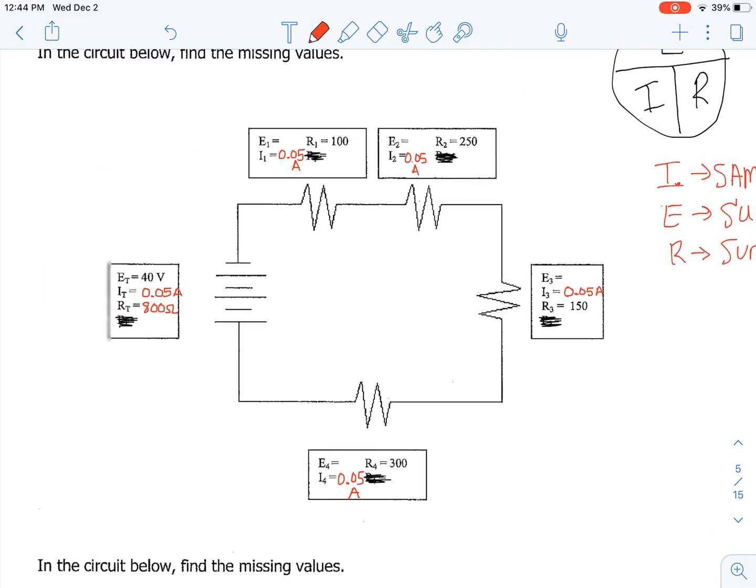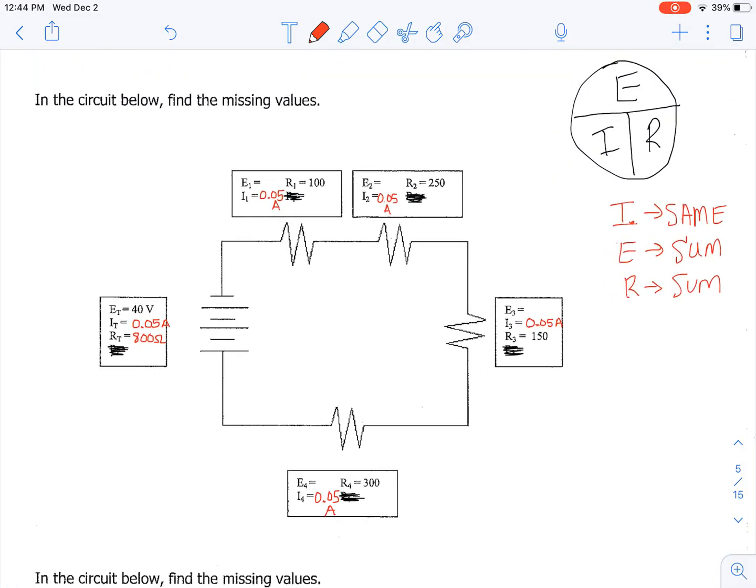Wonderful. So now we step back again and say, well, what do we know? What do we know and what can we find? I see that in every one of those branches, I know I and R. If I know I and R, that means that I can find the E value.